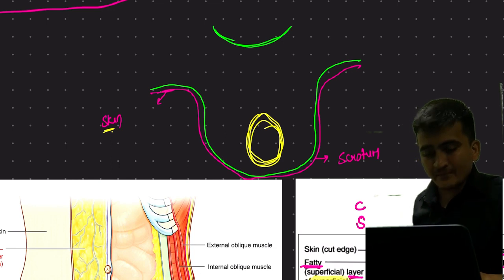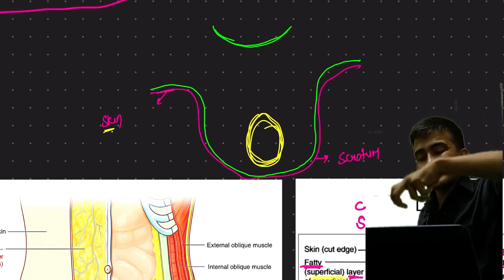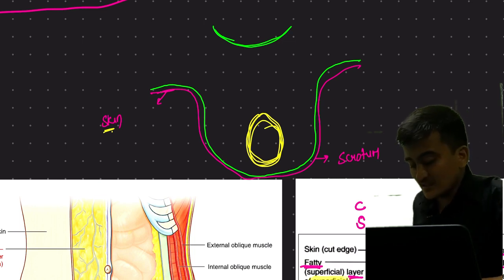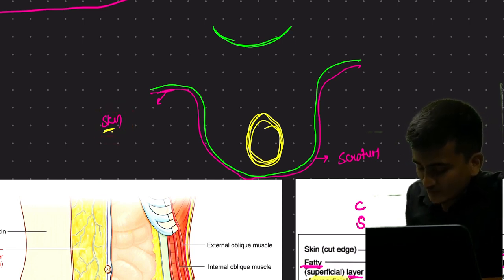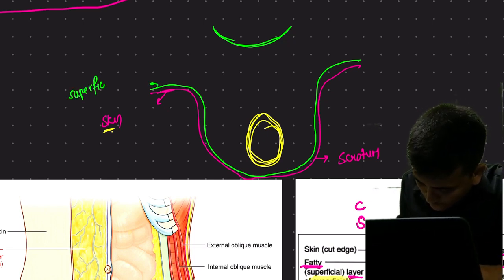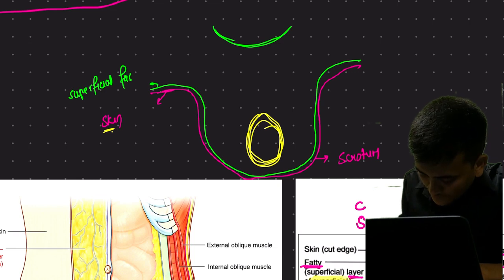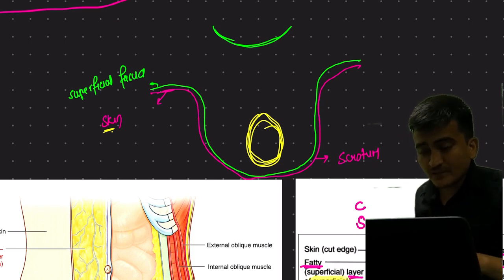Now, this superficial fascia will descend down with the testis, as the skin was descending down. What will the superficial fascia form? It will form dartos.